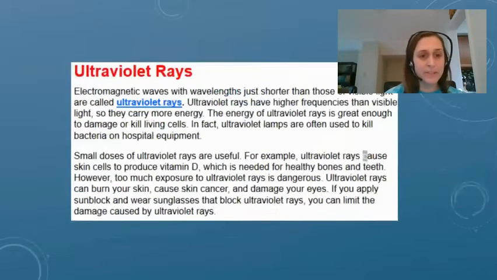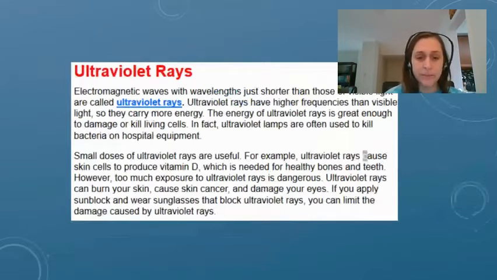After violet, we move into the ultraviolet rays. Their wavelengths are just a little bit shorter than visible light. They carry more energy. The energy in them is enough to damage or kill living cells. So ultraviolet lamps can be used to disinfect hospital equipment to kill the bacteria that's on them.